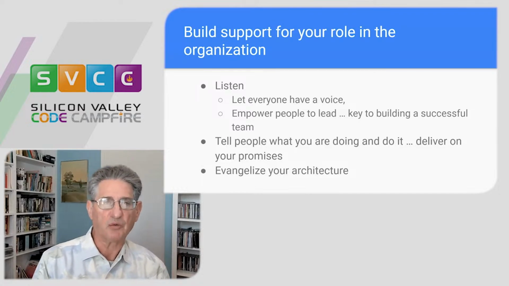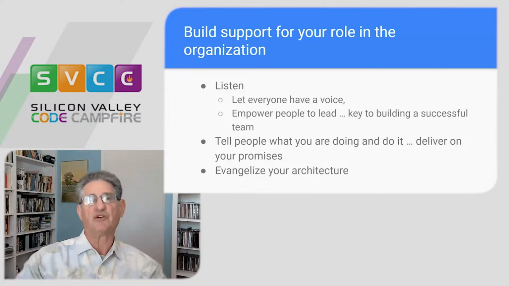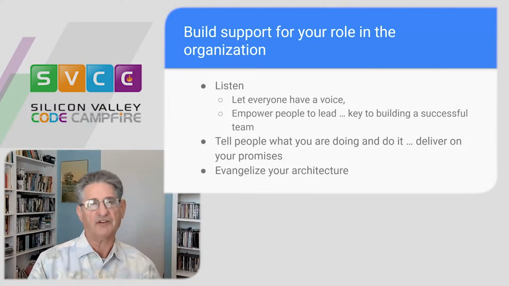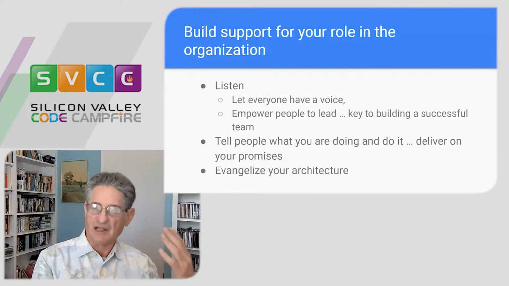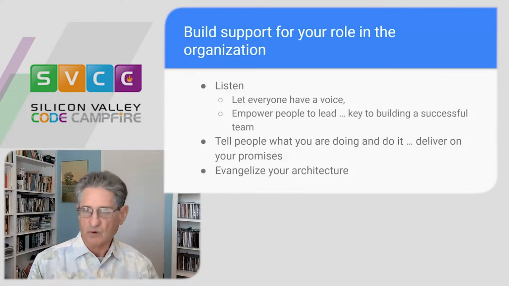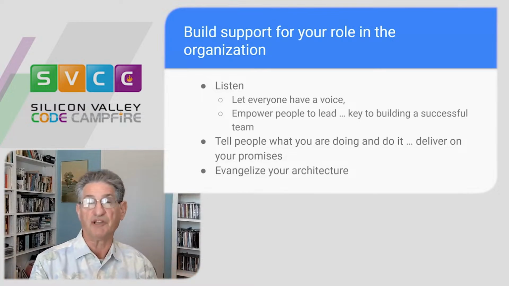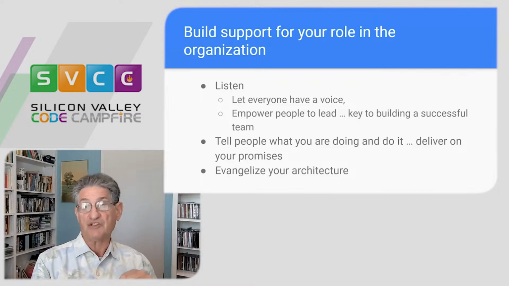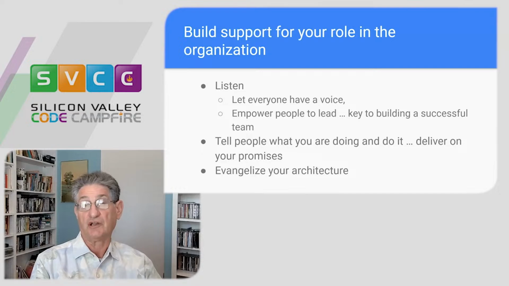So building and supporting your role, you've got to listen. Listening is probably the most important thing. Don't just keep out there evangelizing your ideas, telling people what's important to do. It's okay to do those things, but make sure you listen to your management team, your engineering development team, the product teams, whatever organizational groups are involved in the solution that you're building. Make sure you're listening to those people, and then make sure that when everyone talks and has an idea, that everyone's idea is heard.